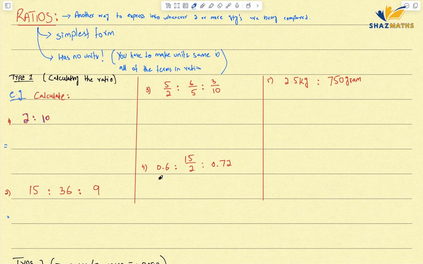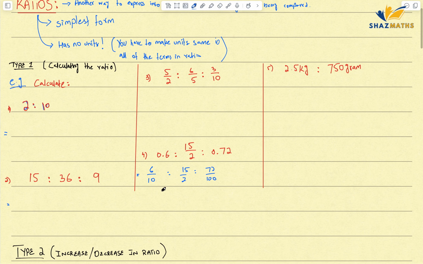So I'm going to express this in fraction, so it will become 6/10 ratio 15/2 ratio 72/100. And now I will take the LCM, that would be 100, and I'll times it by 10 on both sides, so 60/100.